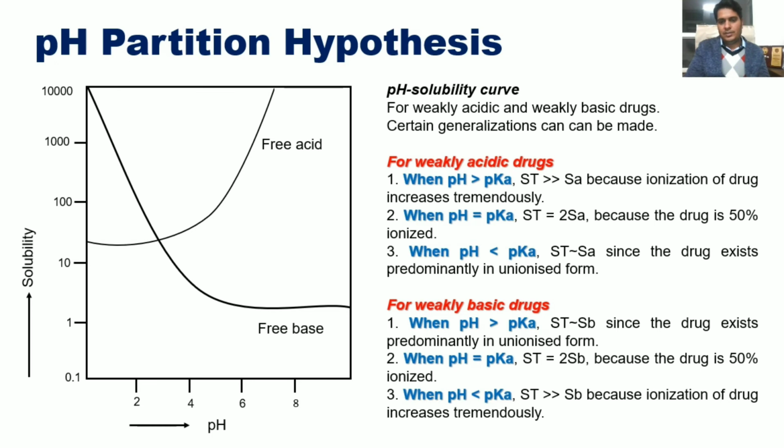And when the pH is less than pK, then ST will be much higher than SB. ST is the total solubility of the drug in the solution, and SB is the intrinsic solubility of the base, because ionization of the drug increases tremendously in this case.